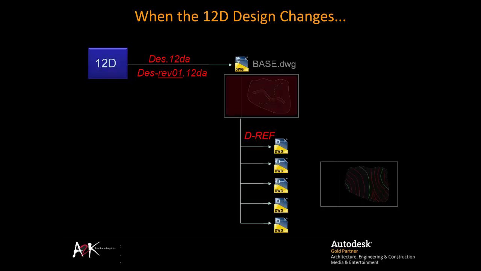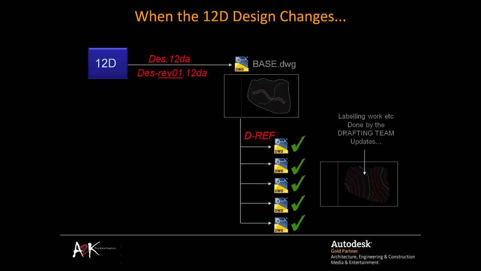You open that base drawing and basically update the geometry. And once you've done that, all the derefs work as you'd hope they would work, and the annotations and everything else that the drafting team has done is maintained on the actual source drawings. So that's the concept which we always draw on the whiteboards. This is a more tidy version of it on a PowerPoint.